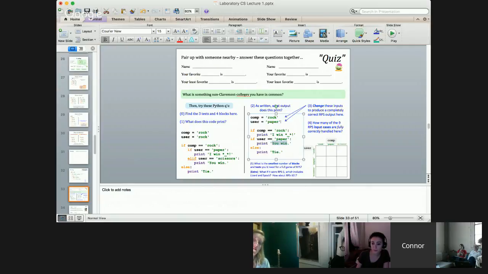Yeah. So what's another combination that we could try to see whether we correctly get the answer? Change the other rock, the user rock, to scissors.